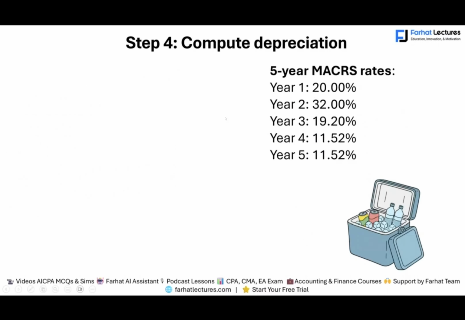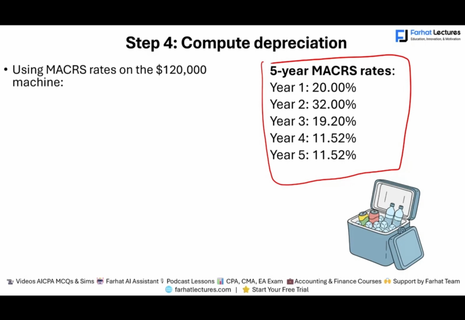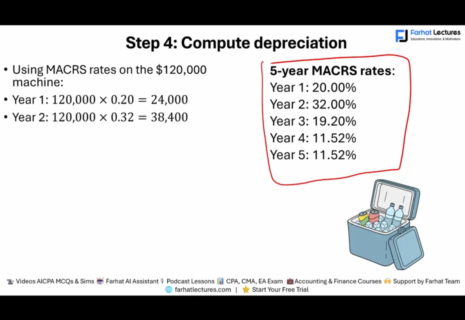The next thing is we will discuss our depreciation cost, and this is the MACRS depreciation table that will be given to you, or they will tell you, for example, depreciation on a straight line basis. Here we're keeping it more realistic, as you would have to complete your taxes. So the machine is $120,000, 20% in year 1, 32% in year 2, which will give us $38,400 in depreciation in year 2.